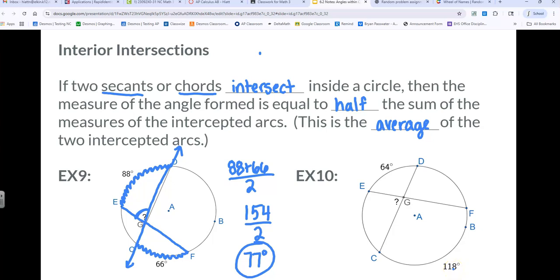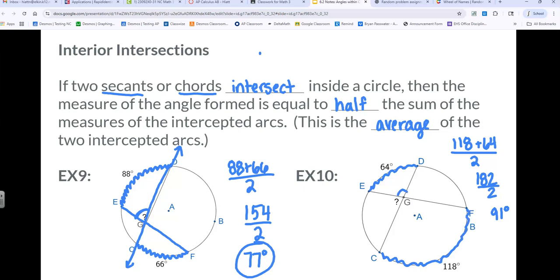Now, this one is a little bit different because I need to do 118 plus 64 divided by 2. And whenever I do that, that's going to give me 182 divided by 2, which is going to give me 91.